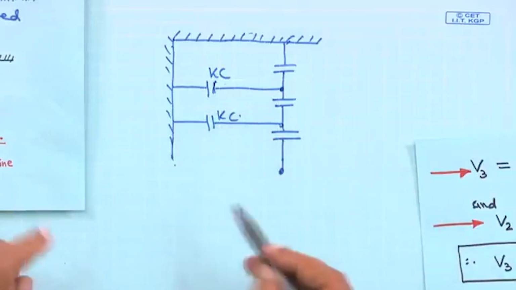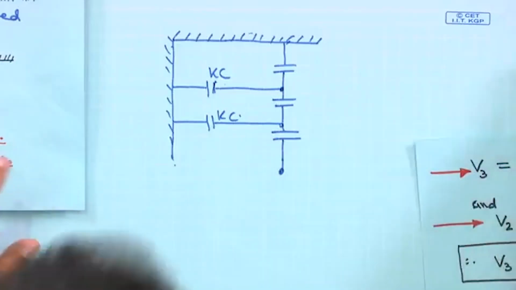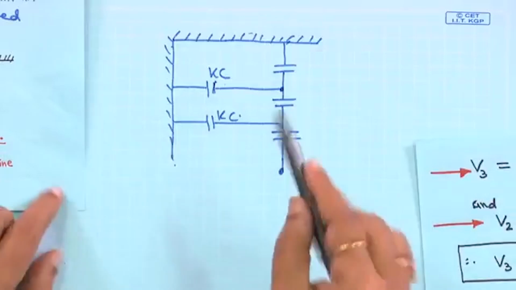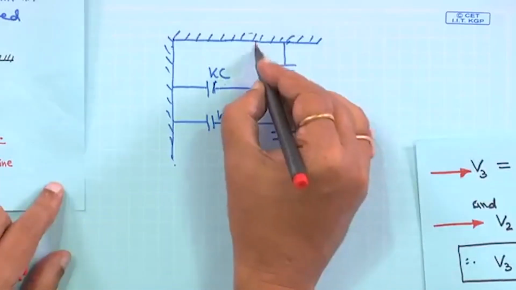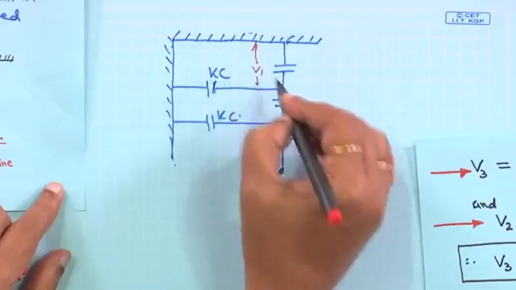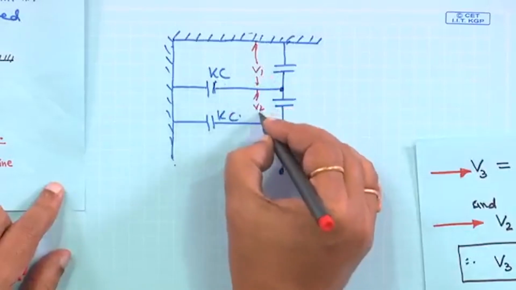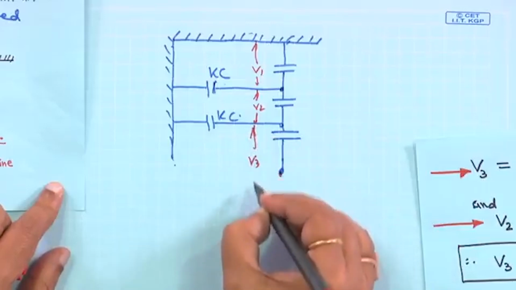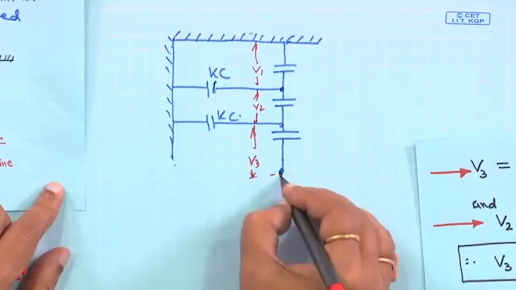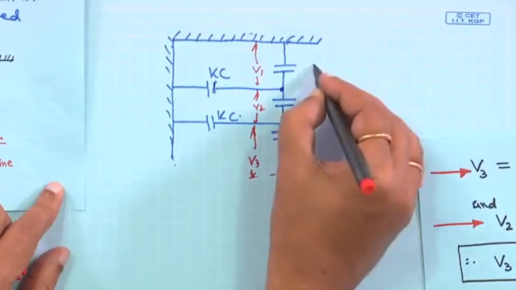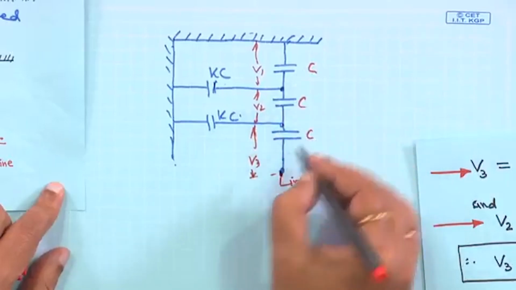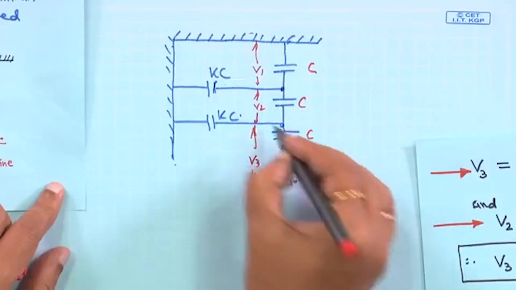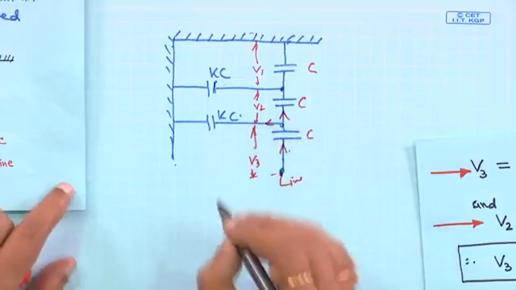This voltage is V1, this is V2, this is the line and this is V3. The current is going here, here, and here.